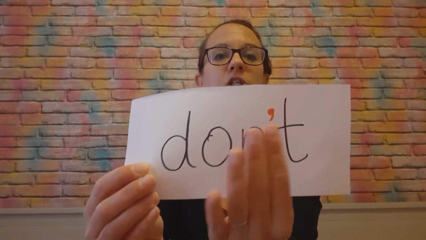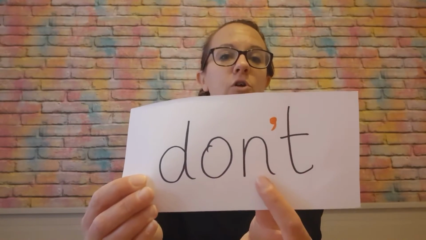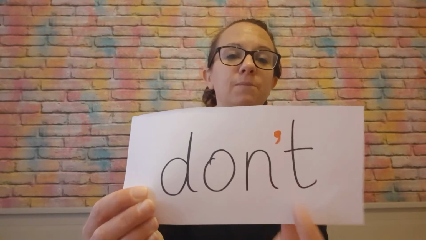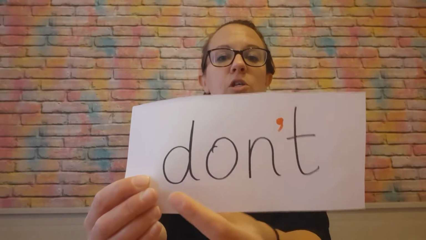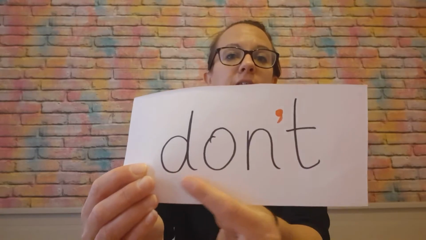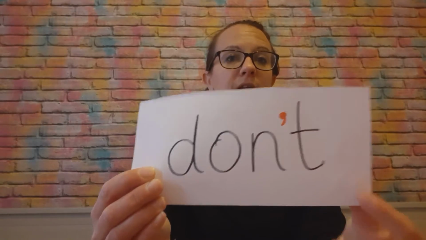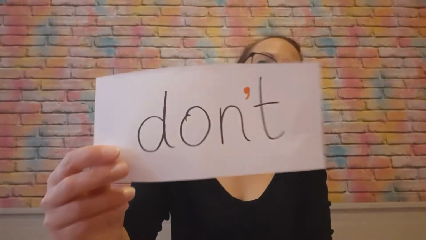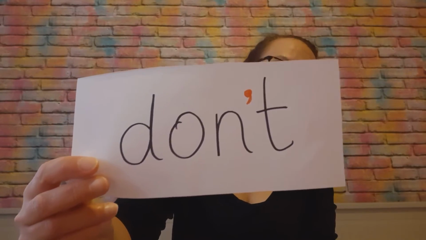So you can see now actually we've got do, and then we've got nt, but we have got a space there where that O used to be. So it used to be do not, and now it is don't. So when you're writing the word don't, you need to know that actually that is short for do not. So we've merged those words together to make don't.